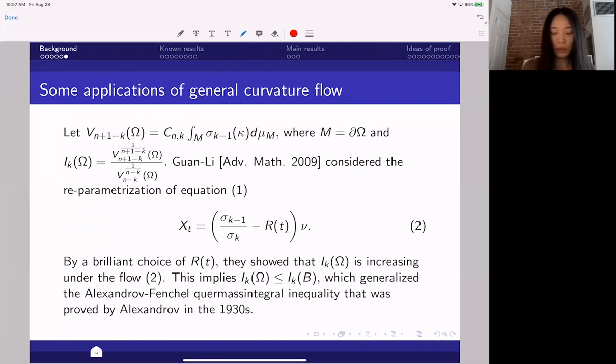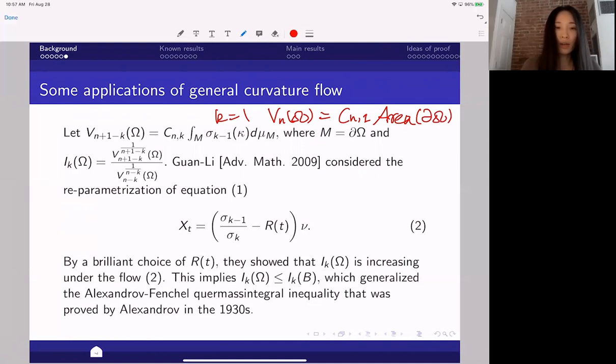So we can see that when k equals 1, V_n of omega just equals a constant times the area of the boundary of omega. And we define I_k of omega as the quotient of V_{n+1-k}.